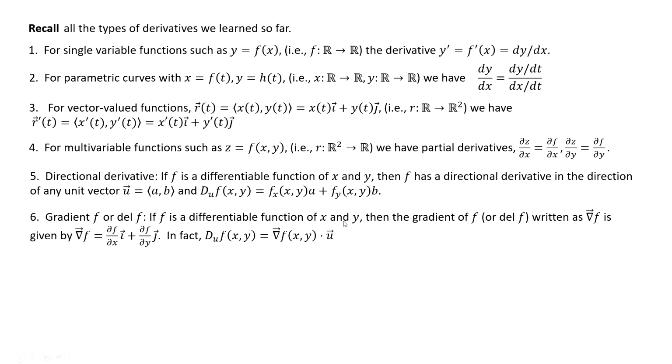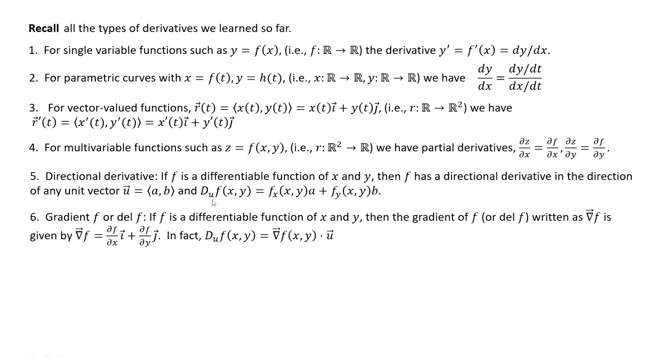If f is a differentiable function of x and y, then the gradient of f, or del f, we write that as vector del f, and it is given by del f equals partial f with respect to x times i, plus partial f with respect to y times j. Notice here the derivative is a scalar. Do you agree with that?